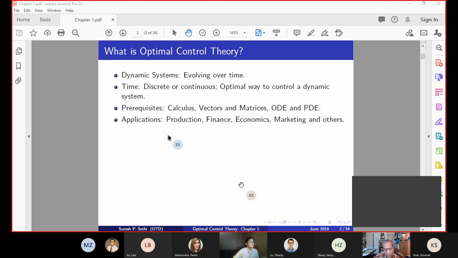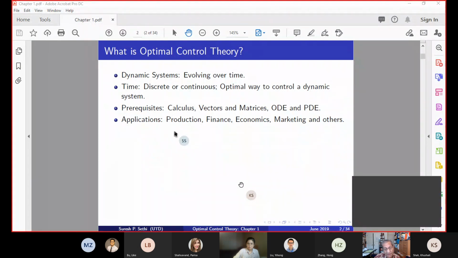The book goes into the theory of optimal control at a level that is not as rigorous as it would be taught in a math department. The book is meant for a business school, so we will see how much we need.